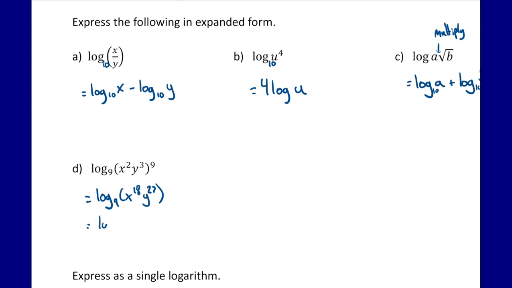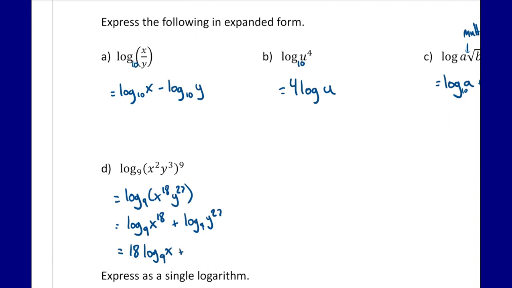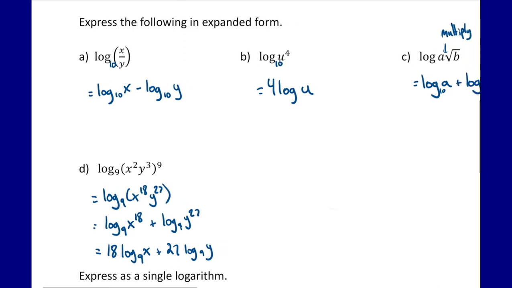I can rewrite this as log base 9 of x to the 18 plus log base 9 of y to the power of 27. And I can rewrite this further by bringing the 18 in front: 18 log base 9 x plus 27 log base 9 y. So I can rewrite it as such.